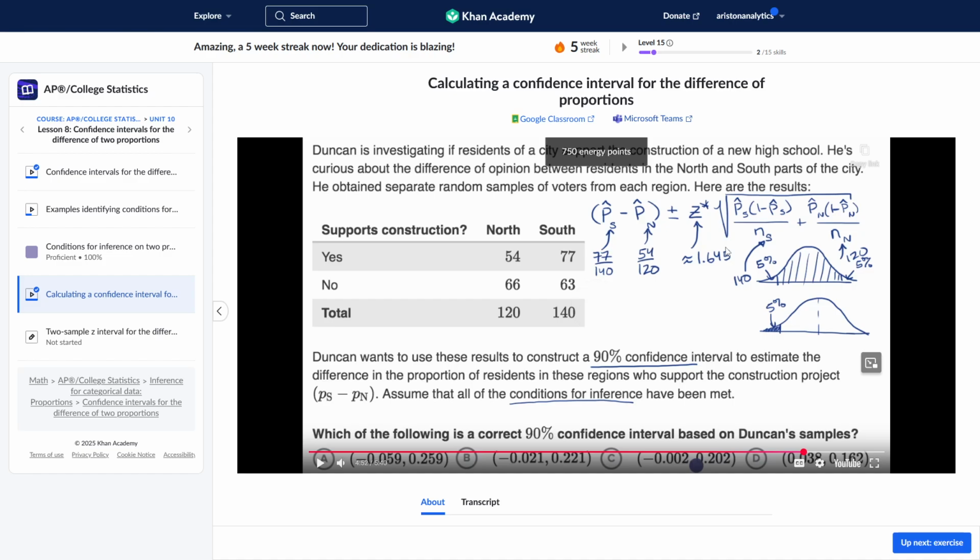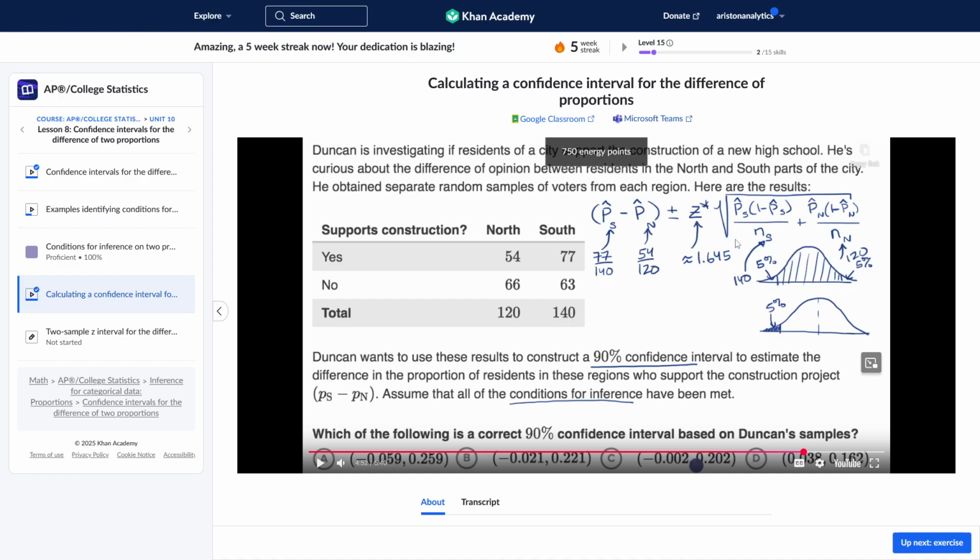Okay, so p hat differences, plus or minus. This is the lower and upper bound. Z star, or the critical z value, which is based on the confidence level. You get that by looking at the z value that corresponds to the area under the normal curve, which for a single bound gives you the correct probability.